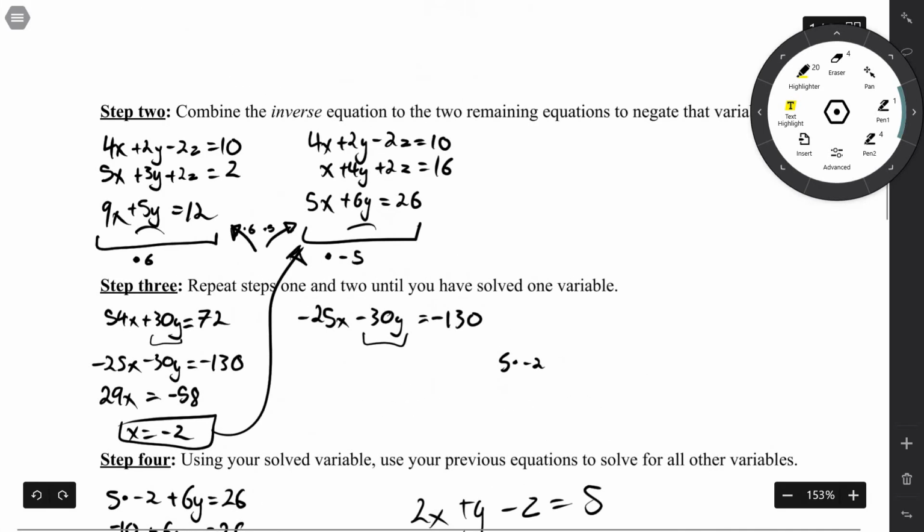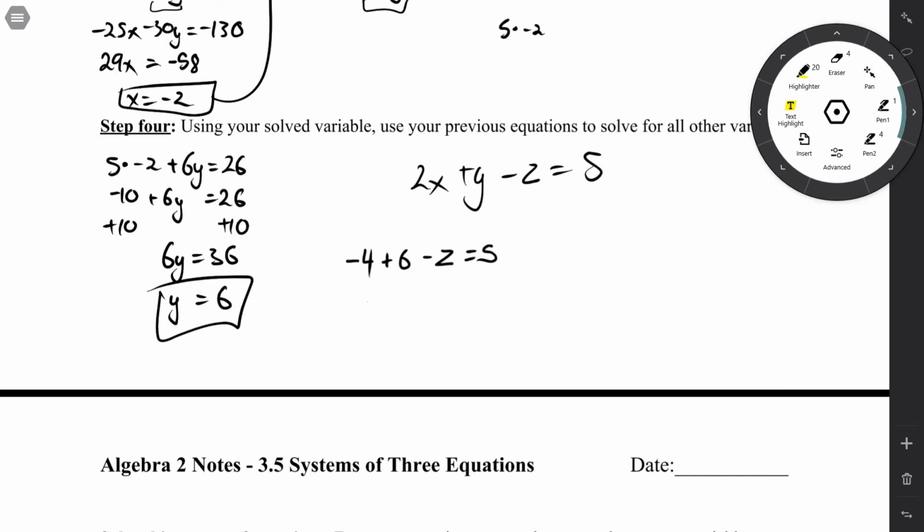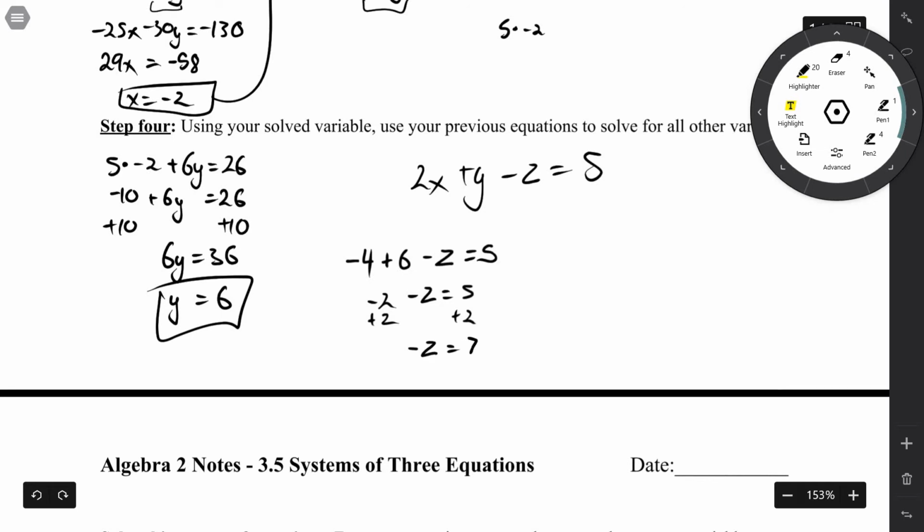Okay, let me zoom in again. And we know that x equals -2, so 2 times -2 is -4, plus y, which is 6, minus z equals 5. -4 plus 6 is -2, minus z equals 5. So I'll add 2 to each side. We get -z equals 7. So that means z equals -7.